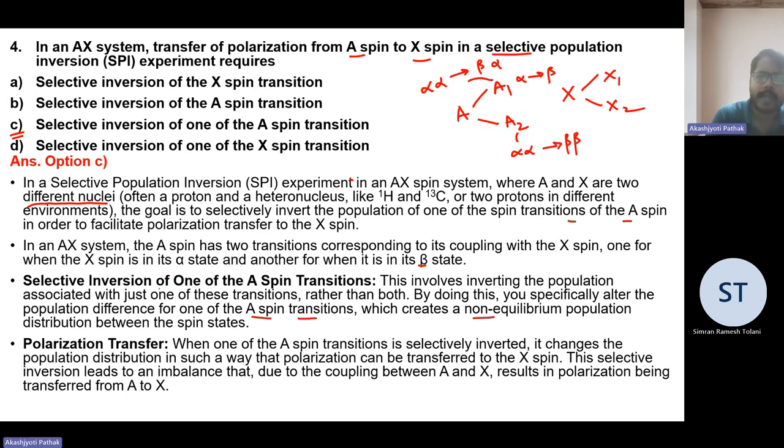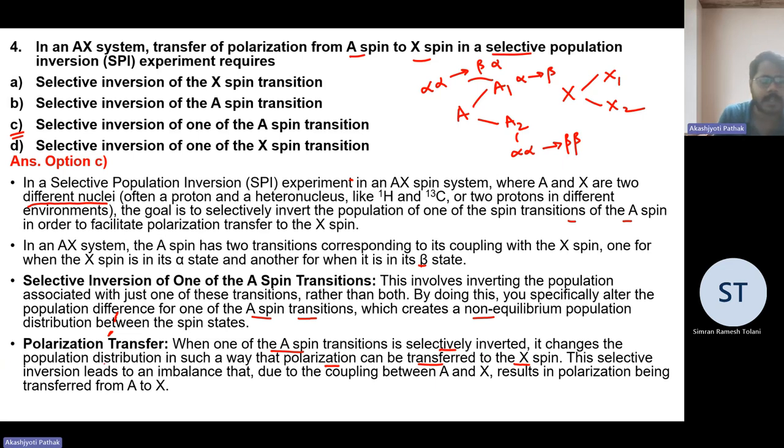When one of the A spin transitions is selectively inverted, it changes the population distribution in such a way that polarization can be transferred to the X spin. In that way, we will perform the experiment.